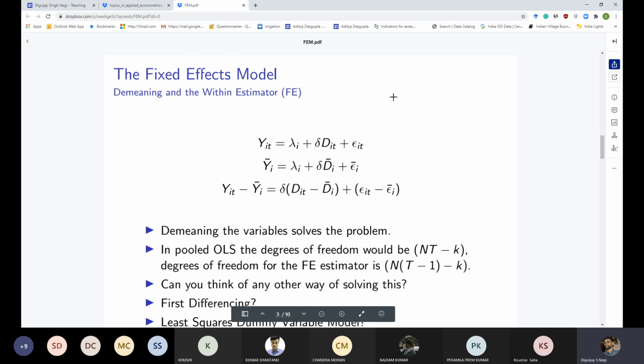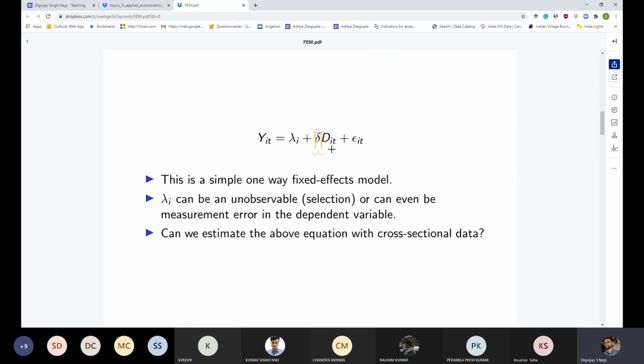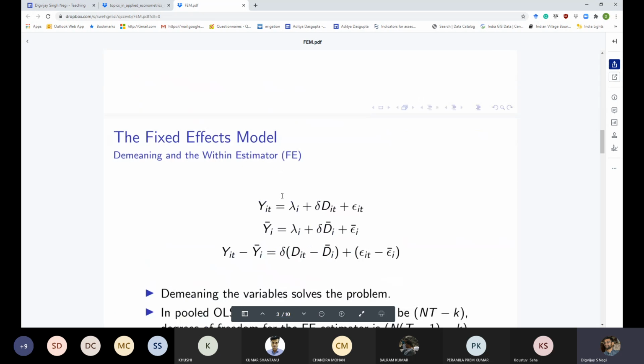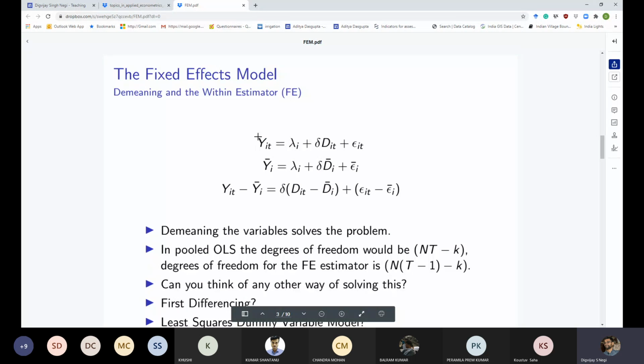Okay, and last time we talked about this. It's a very simple method of removing these lambdas using a fixed effects estimator. What you do is you take averages on both sides over time periods of this equation.